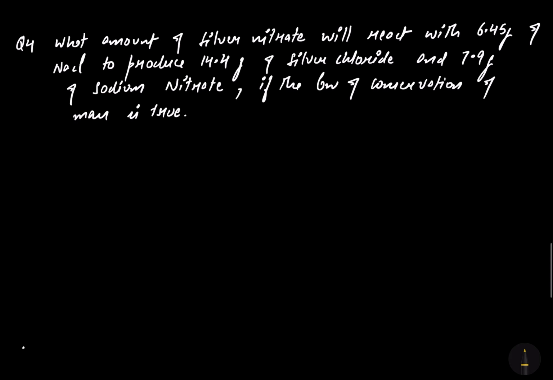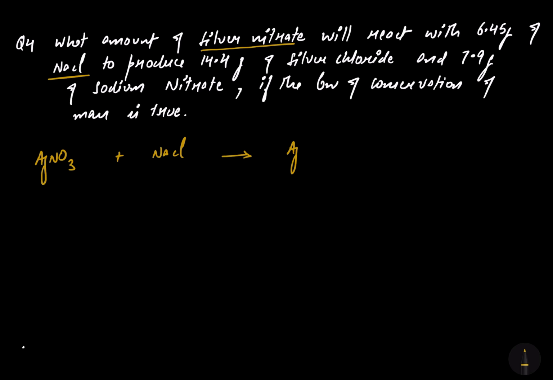Now, what the fourth numerical is saying: what amount of silver nitrate, I'm writing silver nitrate to be AgNO3, will react with 6.45 gram of NaCl to produce 14.4 gram of silver chloride, that is AgCl, and 7.9 gram of sodium nitrate.